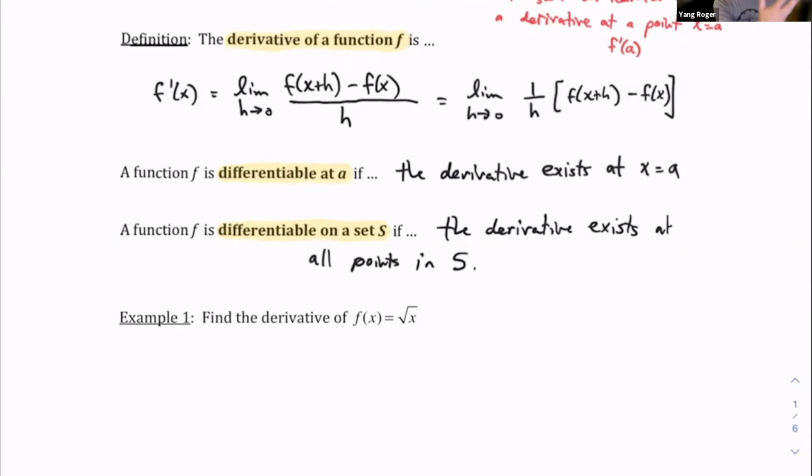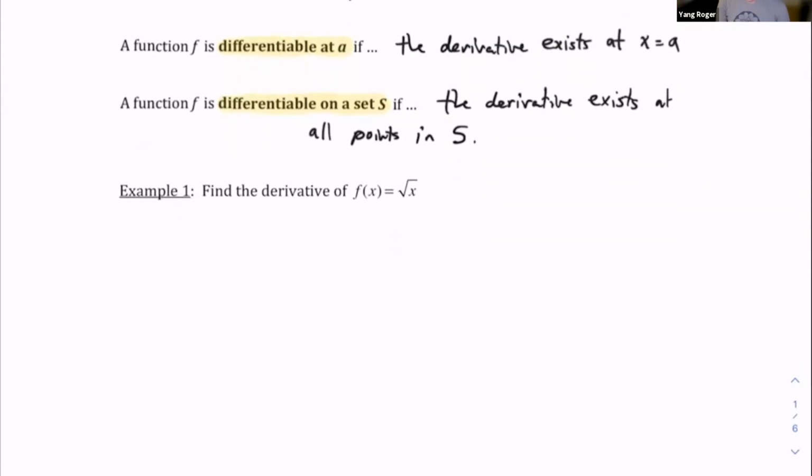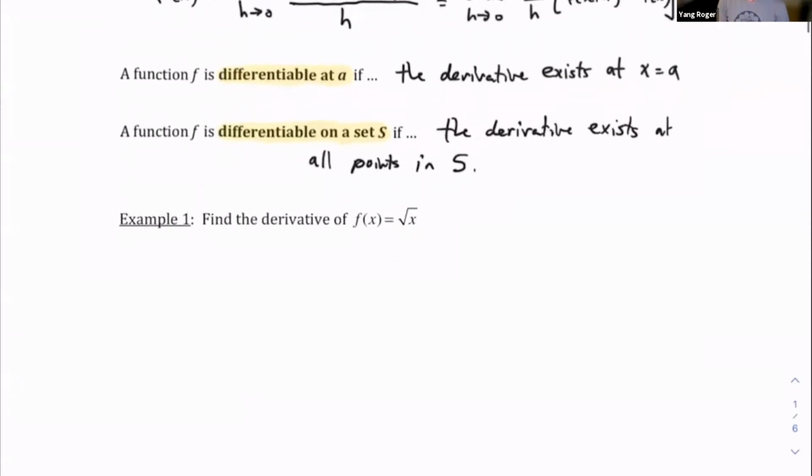It's a property of f of x. f of x is differentiable. And if it's differentiable at a point, that means a derivative exists at that point. If we say it's differentiable on the interval from 0 to positive infinity, that means it's differentiable at every point inside there. Okay.